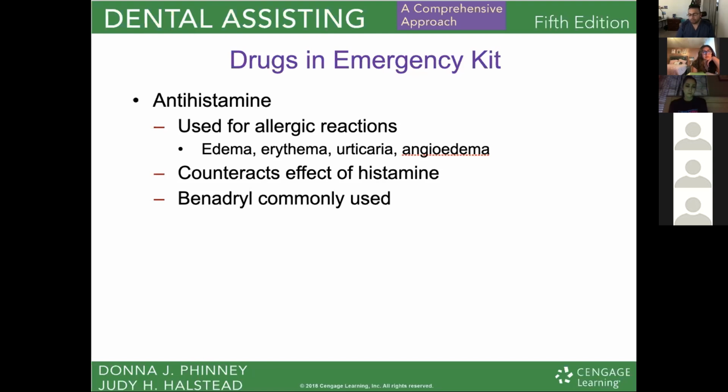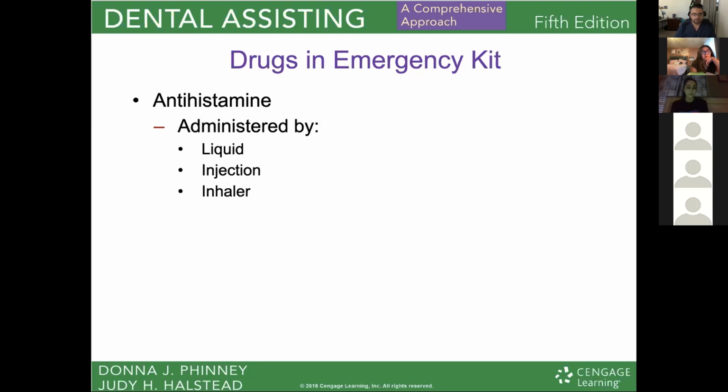So it's almost like the immune system overreacting. And so what antihistamine does is it counteracts the effects of histamine. And Benadryl is a common type of antihistamine that's used. It's usually administered as a liquid, and there is an injectable Benadryl or antihistamine, and they even make an inhaler, and all of these should be kept in your emergency medical kit.